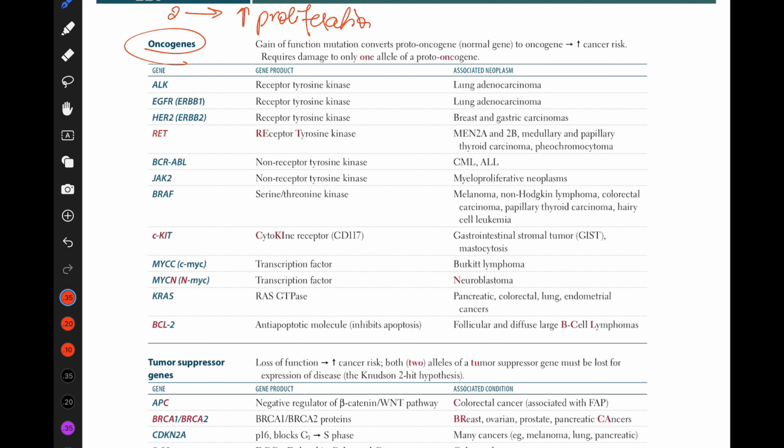We have these genes in our list, and you already know oncogenes have some factors. How can we cause cancers? By increasing the growth receptors, the growth factors, the signal transducers, nuclear regulators, and cell cycle regulators.